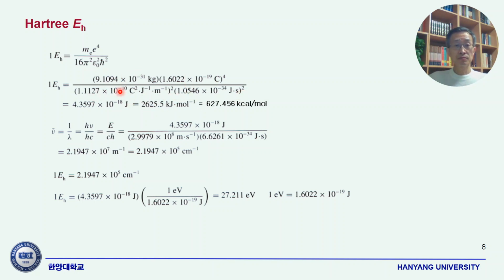All this ends up with the unit joule, and in kilojoule per mole that is 2625.5 kilojoule per mole. So it is about 2600 kilojoule per mole, which is a big energy.